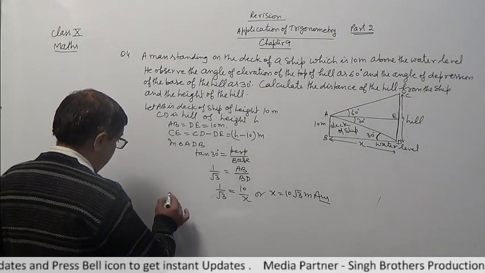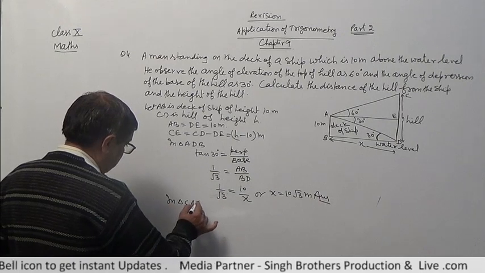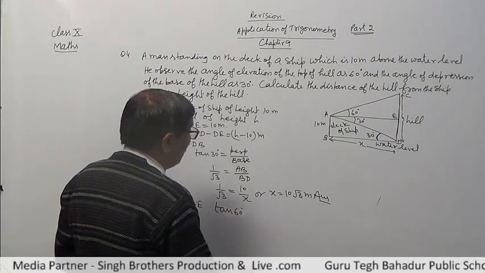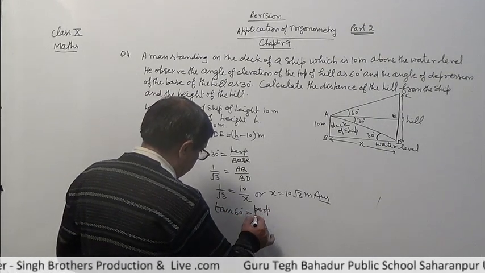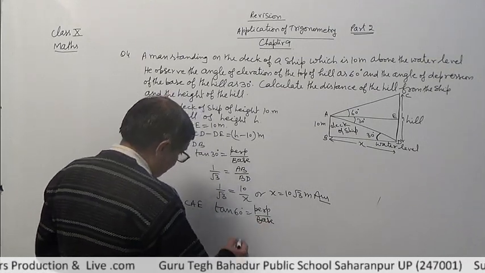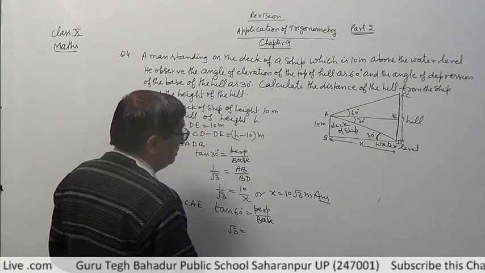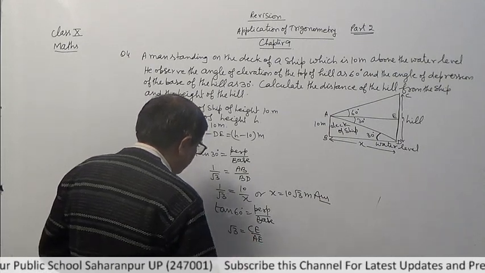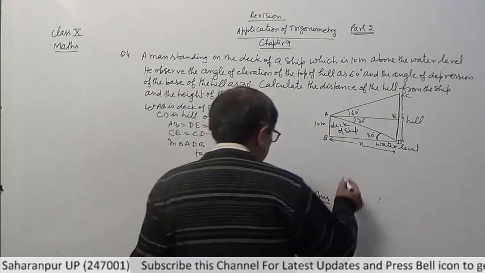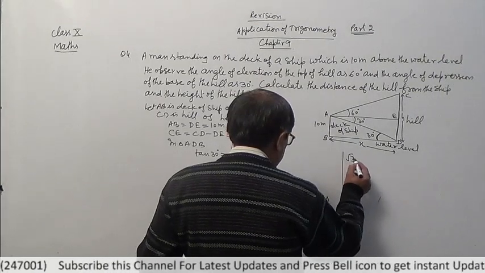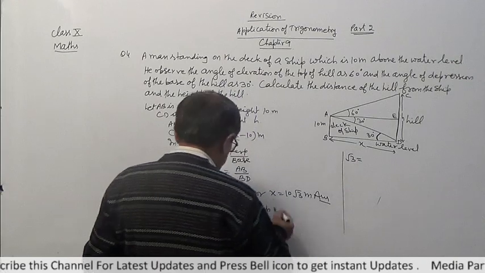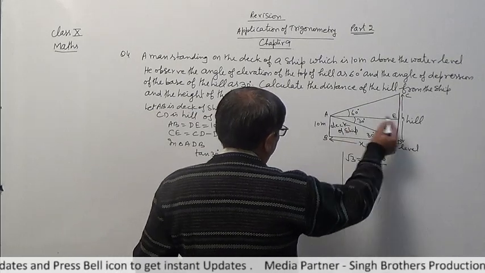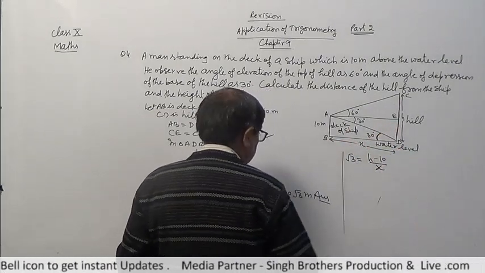In triangle CAE, tan 60 is equal to perpendicular upon base, root 3 is equal to CE upon AE, and CE is H minus 10 and AE is equal to BD, so it is x.